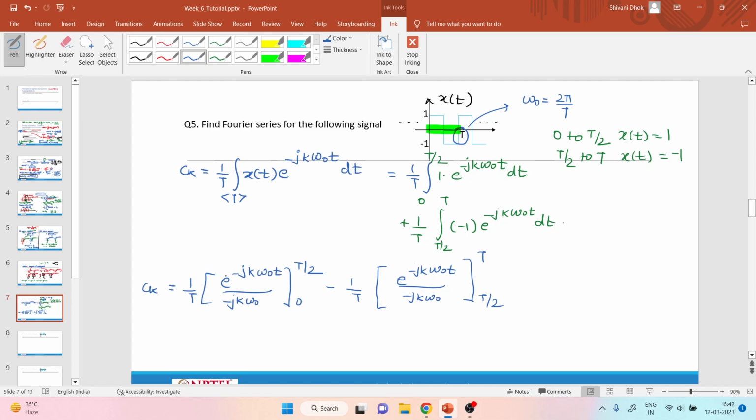Now this omega naught is 2 pi by T, so I can replace that in this equation.